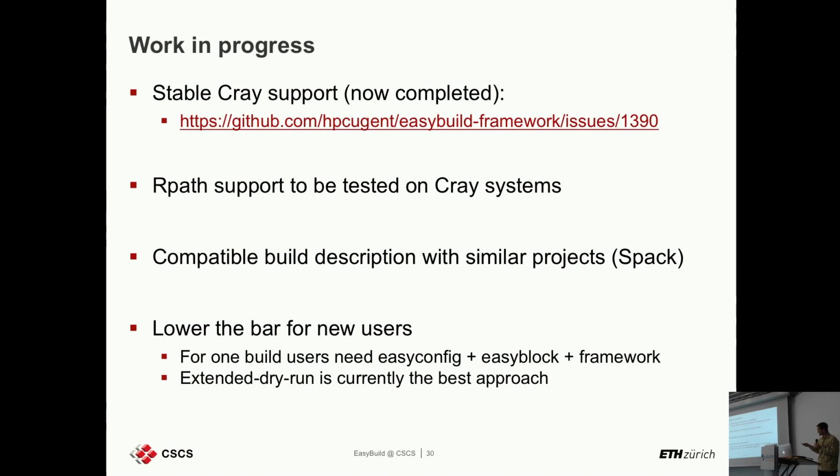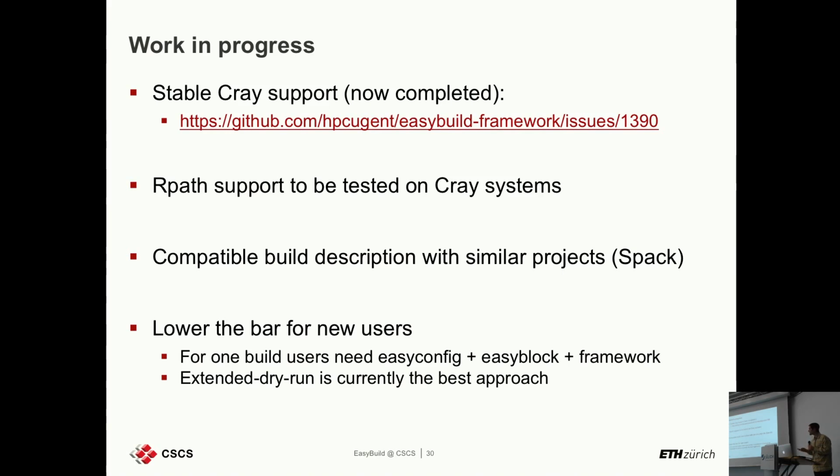The issue that you see here in the link has been closed in December, and it has been presented in a paper by Guilherme, Kenneth, and Peter. Then the RPATH support needs to be tested also on the Cray system, and it has also been mentioned the compatibility with other similar projects like Spack in order to automatically build software.